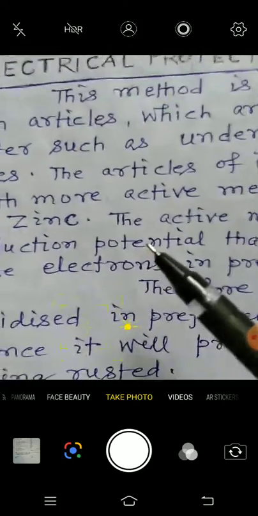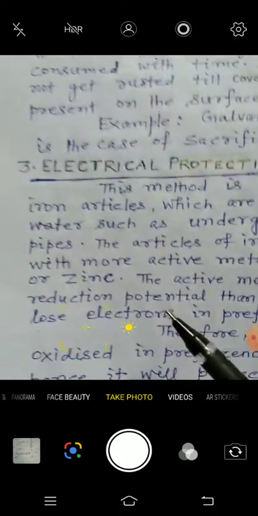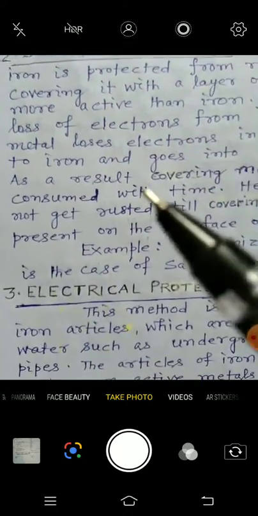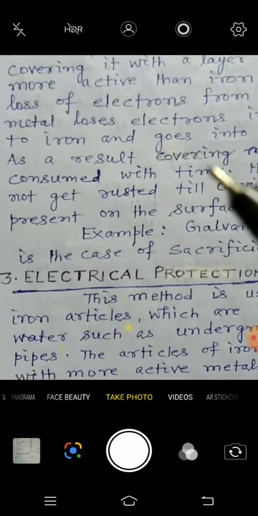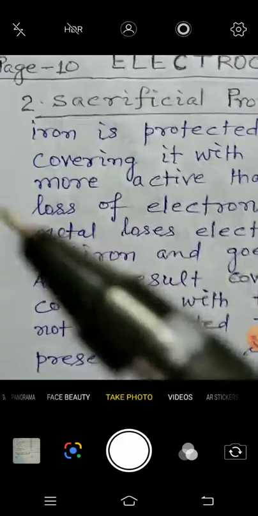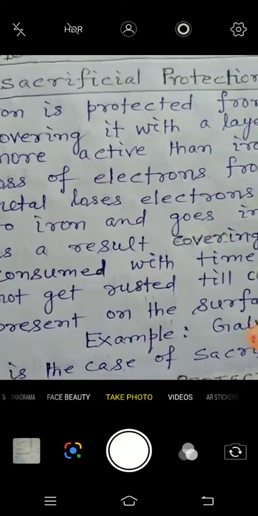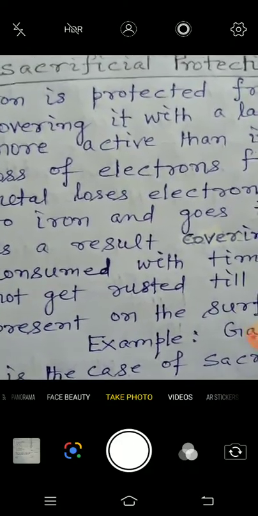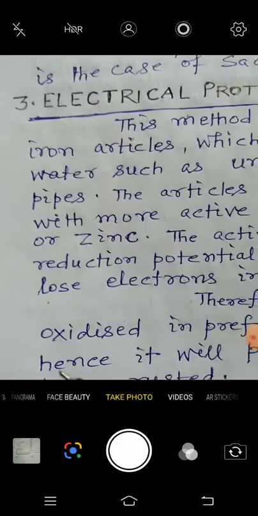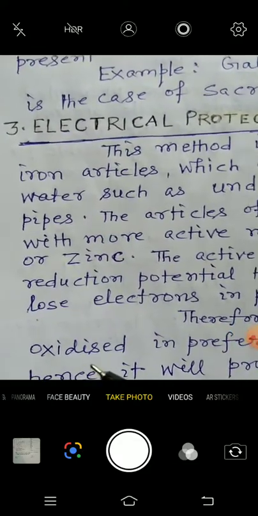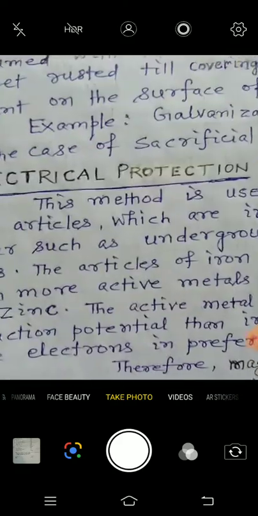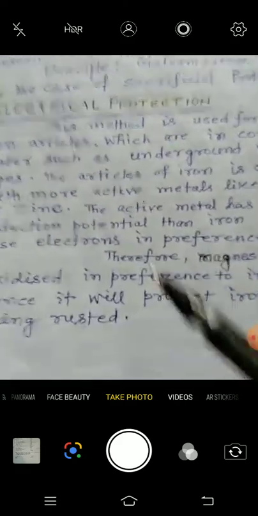You must remember the difference between electrical protection and sacrificial protection. In sacrificial protection, a thin layer of non-corroding material is developed over the material which is to be protected, and in electrical protection the iron which rusts is connected with the more active metal.